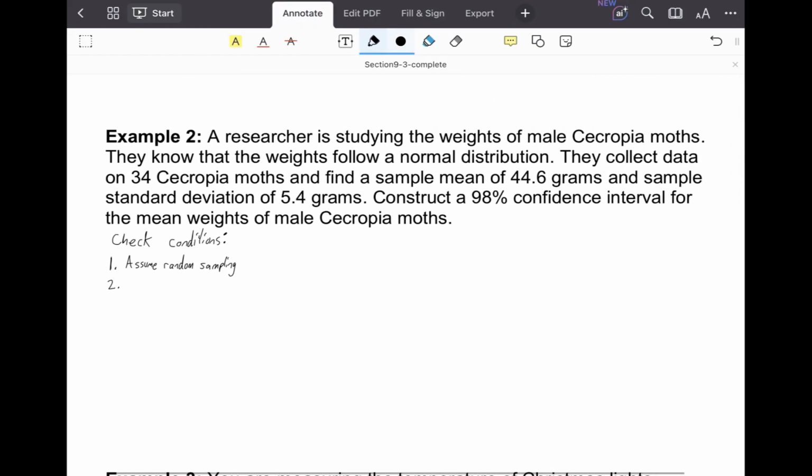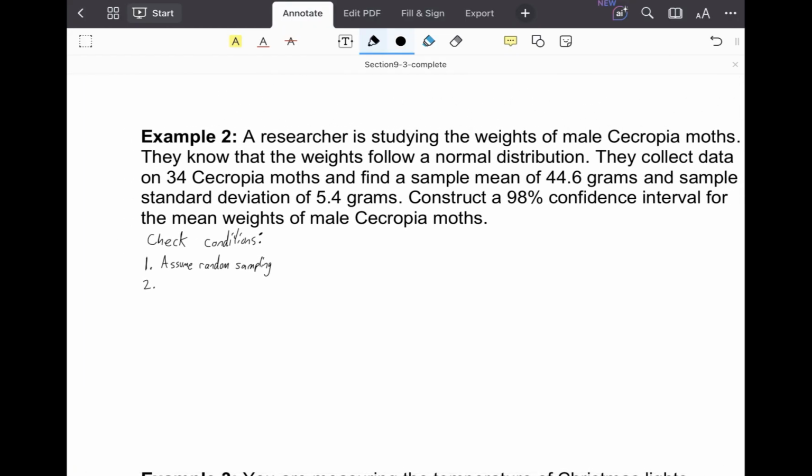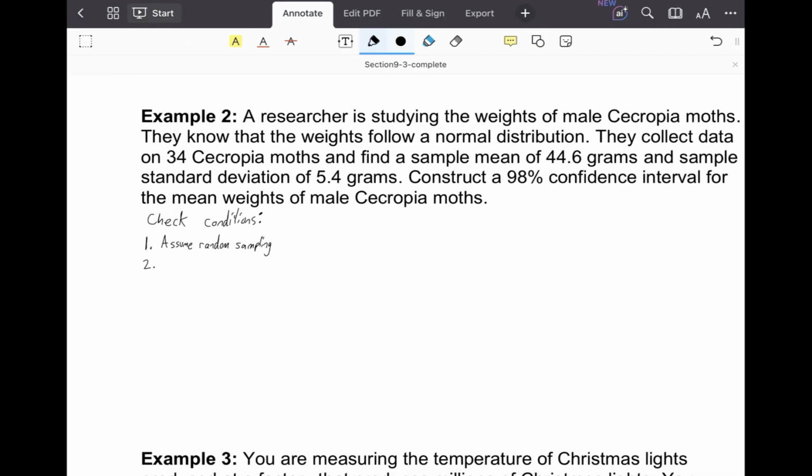Now, the second condition is the normal criteria. And for this one, they're saying that the original distribution follows a normal distribution. That's great. That means there are no issues with looking at the sampling distribution.